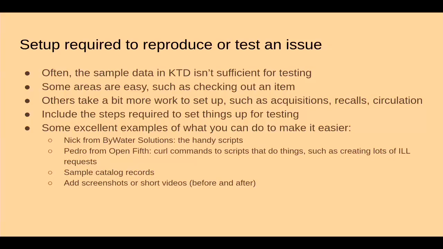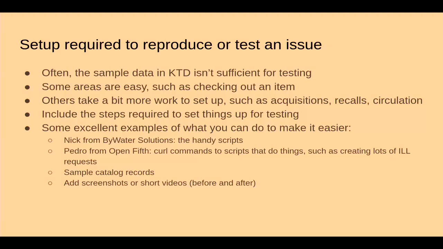Sometimes there's cataloging bugs. I'm not a cataloger, and MARC or UNIMARC can be interesting, shall we say. So some sample catalogue records that have the details you need to test the change are good.